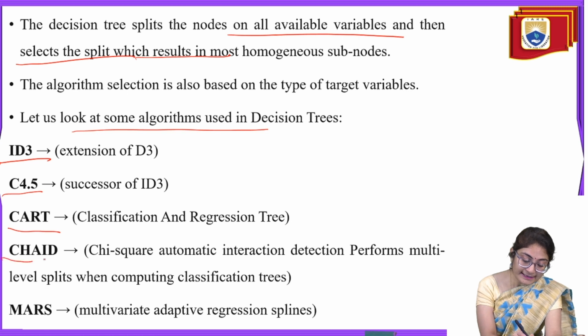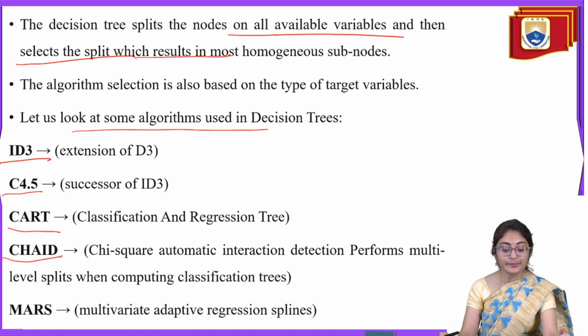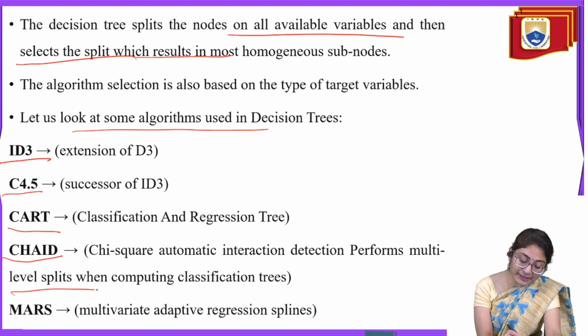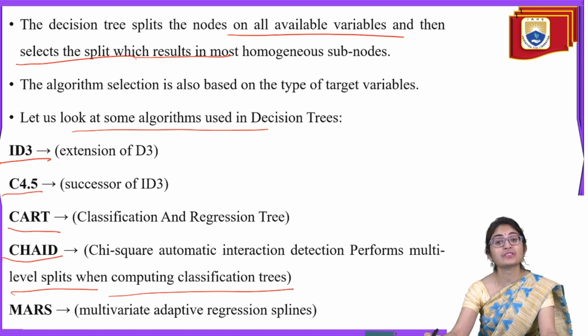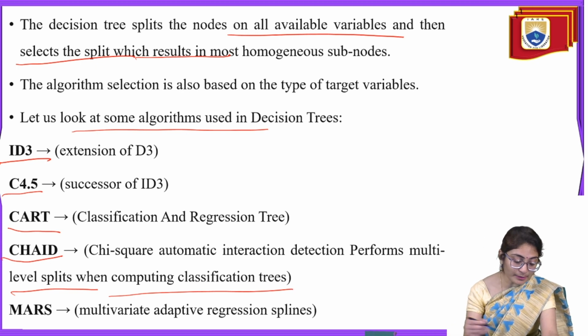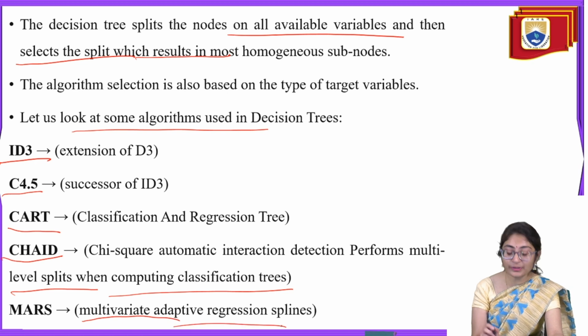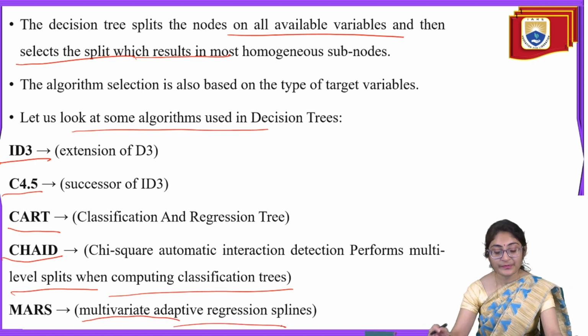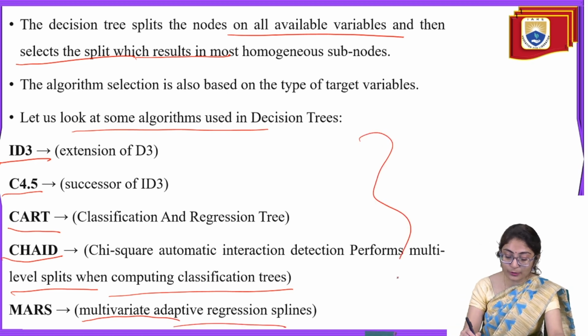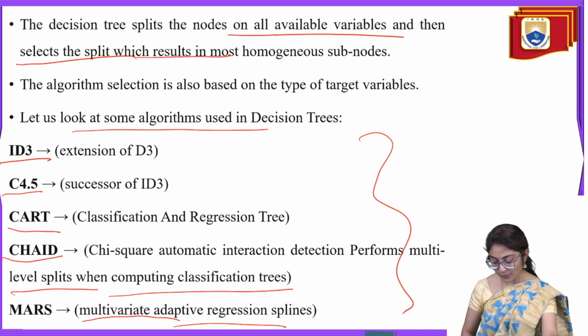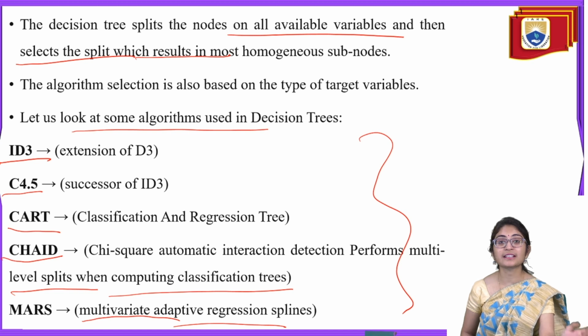Then CHAID, Chi-square Automatic Interaction Detection, which performs multi-level splits when computing classification trees. And then MARS, which means Multivariate Adaptive Regression Splines. These are the decision tree algorithms we use for splitting purposes to reach our target.